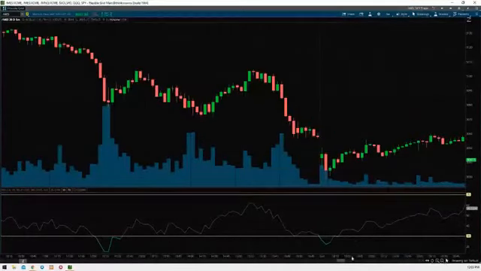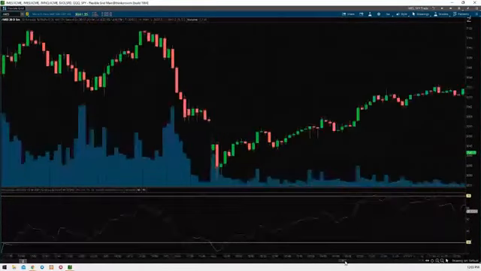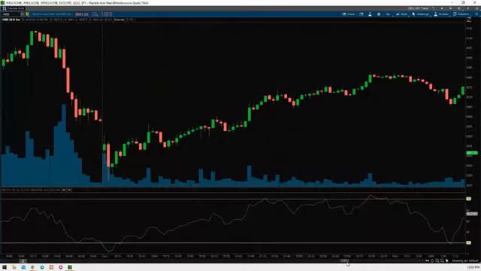What I did, getting prepared on Sunday night, is this: when you have these big swings down, usually there's going to be a reversal. I waited to see how far down this market was going to go.